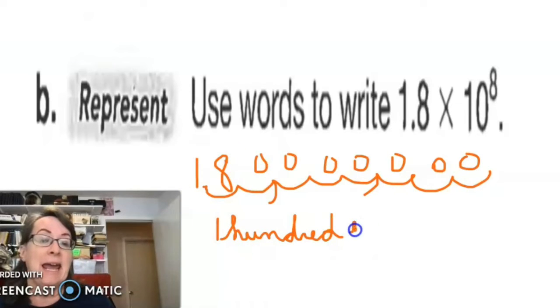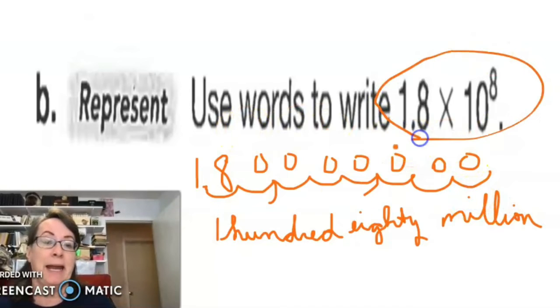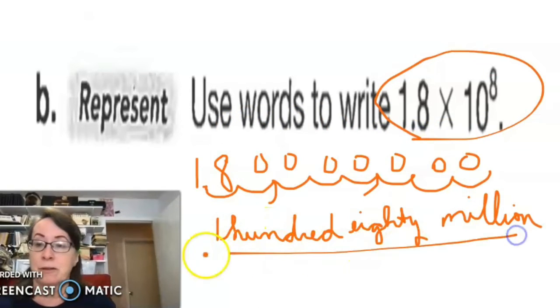Now I think I can do it because 180 million. Okay, so that is this in standard form and in words.